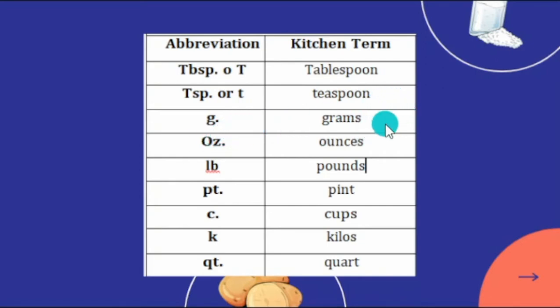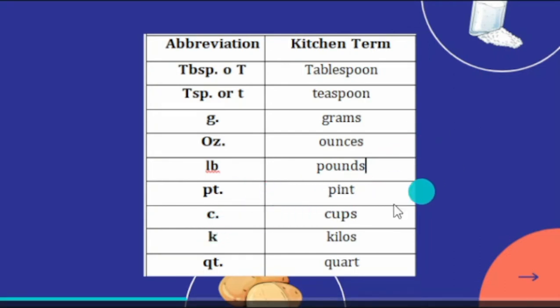G stands for grams. OZ stands for ounces. LB stands for pounds. PD stands for pint. C stands for cups. K stands for kilos. And QD stands for quarts.